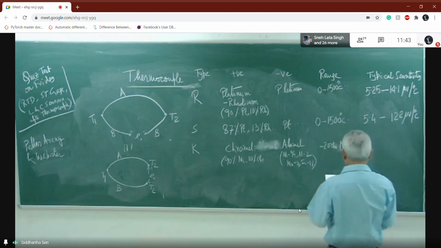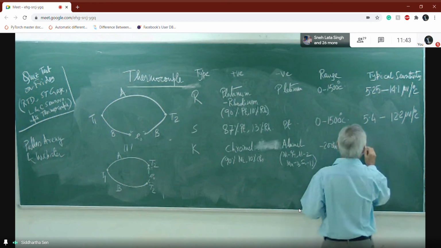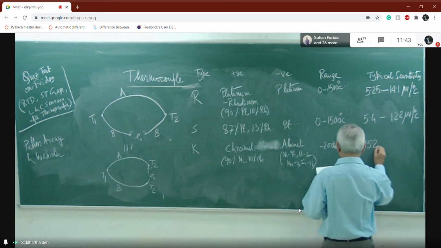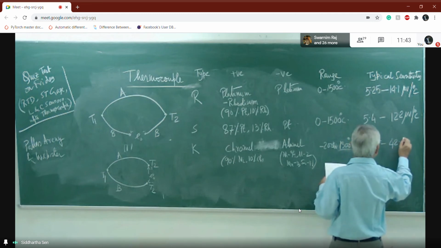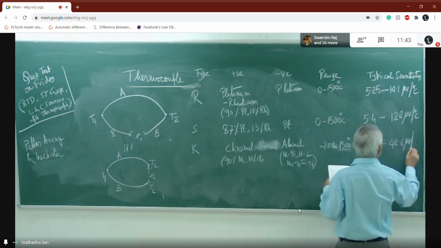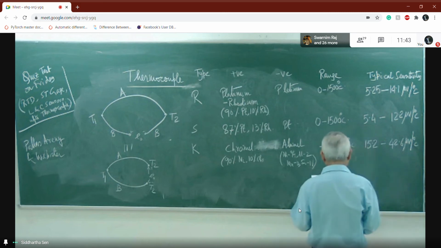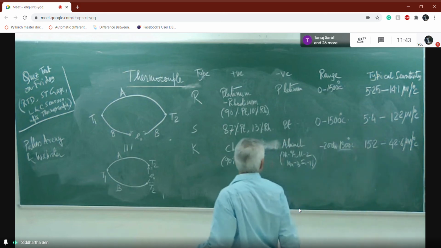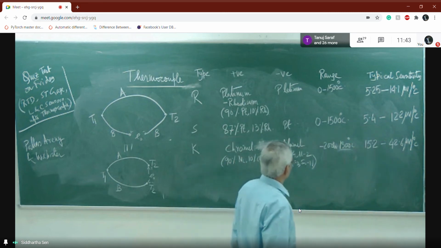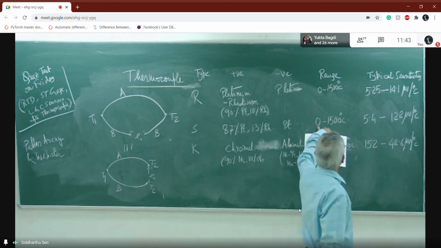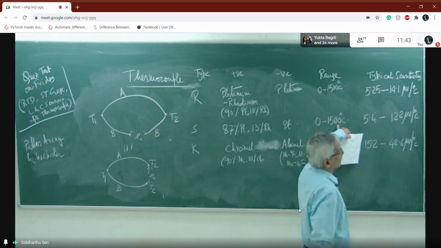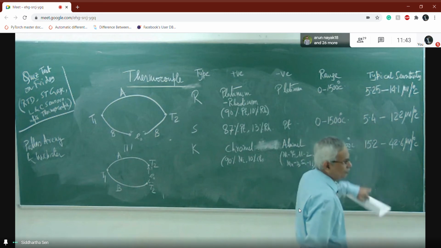Its sensitivity is also more, 15.2 to 42.6 microvolt per degree Celsius. Because of the variation of the sensitivity, the sensitivity when we measure around 0 degrees and when you measure around 1500 degrees Celsius would be different.